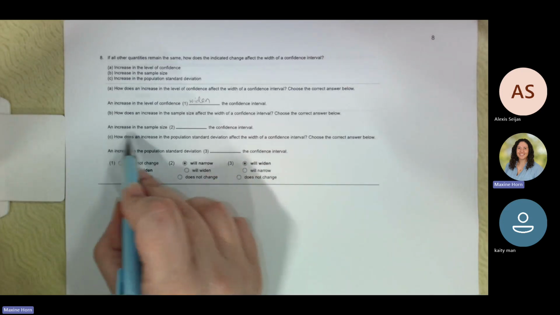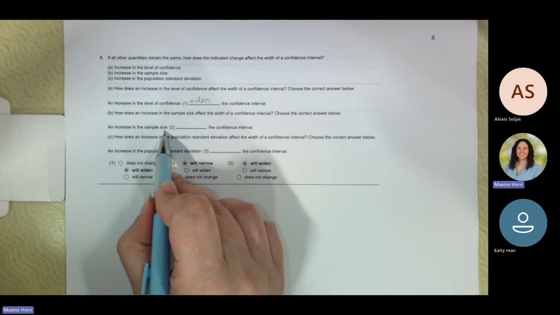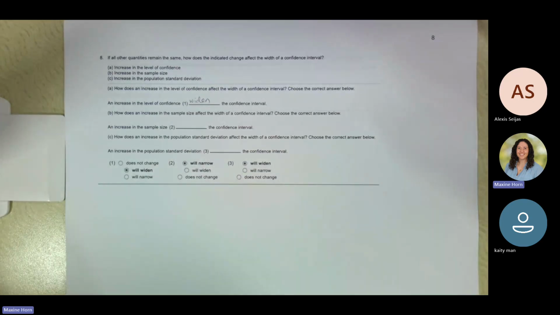So what about if I increase my sample size? So the more people I have, the more likely I am to be able to get closer to the true population mean. So if you think back to, I think it was chapter 3, where you guys were learning about probabilities with flipping coins and rolling dice and things like that.